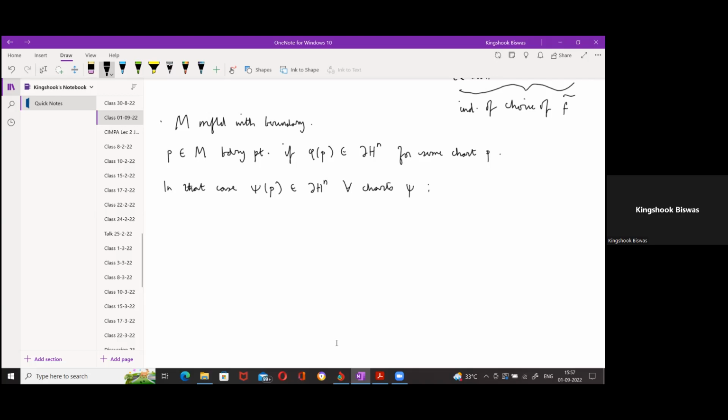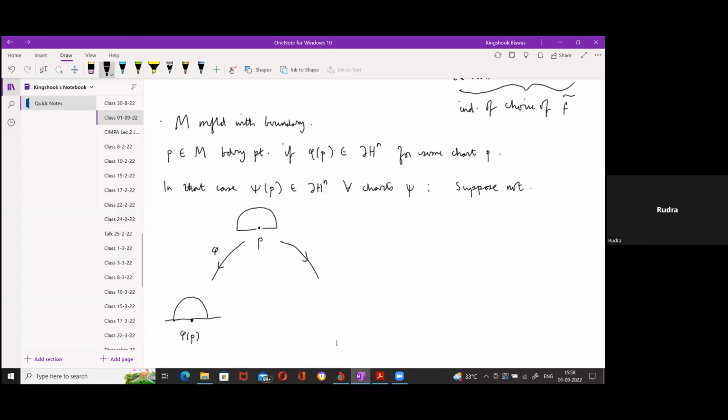So how do you see this? You have your point P, and we're taking some neighborhood of it. The neighborhood really will look like this. Under phi, I know that this maps to a boundary point of Hn. This is phi of P. To prove that this happens for any other chart, suppose not.